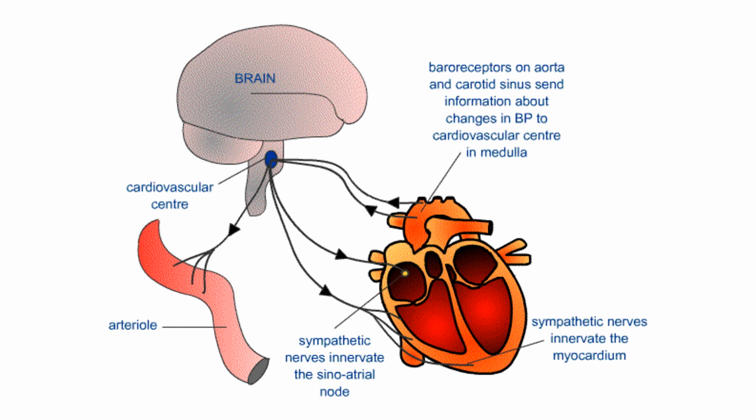So the first step here is baroreceptors send information to the cardiovascular center here in the brain. The cardiovascular center is two parts. It's a cardiac center that sends information here, so we'll call that 2A, to the heart, and 2B, that information goes from the vasomotor center to our vessels, changing their diameter. And of course, that's going to be kind of a one-two punch in controlling heart rate and blood pressure.